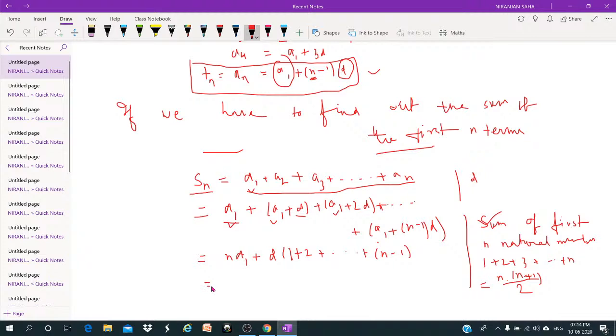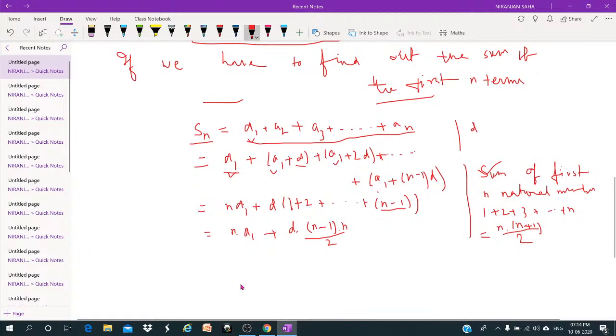Then it will be n into a1, and that sum is up to n minus 1. So this will be equal to d into, in place of n there will be n minus 1, and n minus 1 plus 1 is just n, by 2.